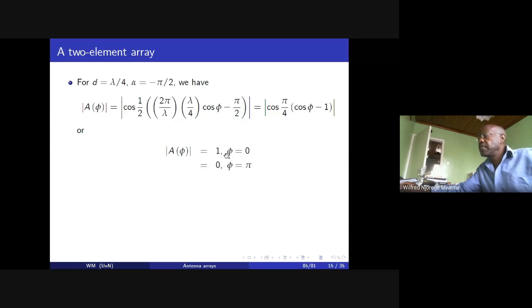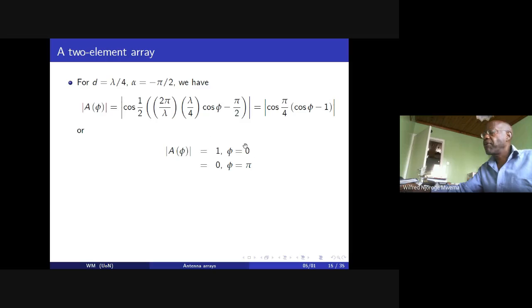So we have unity. And if phi is equal to pi, we have that is going to be minus pi, and therefore minus 1, and therefore we have 2, and therefore we get minus pi by 2, and therefore cosine of 90 degrees is going to be 0. So this we see is a different kind of radiation pattern.